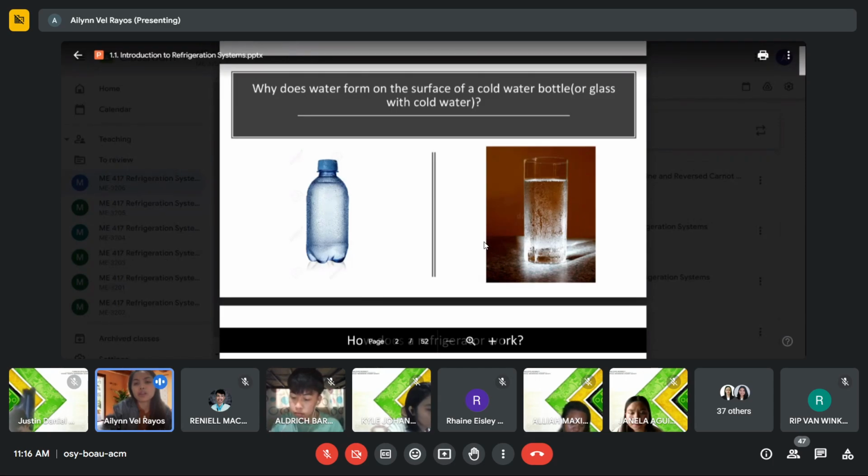Ilagay nyo na lang to sa Google PowerPoint na na-edit siya online para nagsisave yung lahat. Pero wag na lang maglagay kung ano na lang, pero kung need talaga maglagay ng picture, maglagay kayo. Okay?